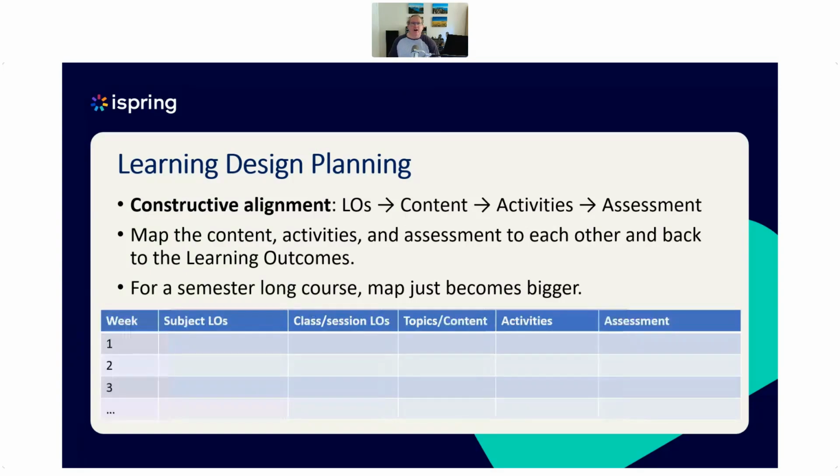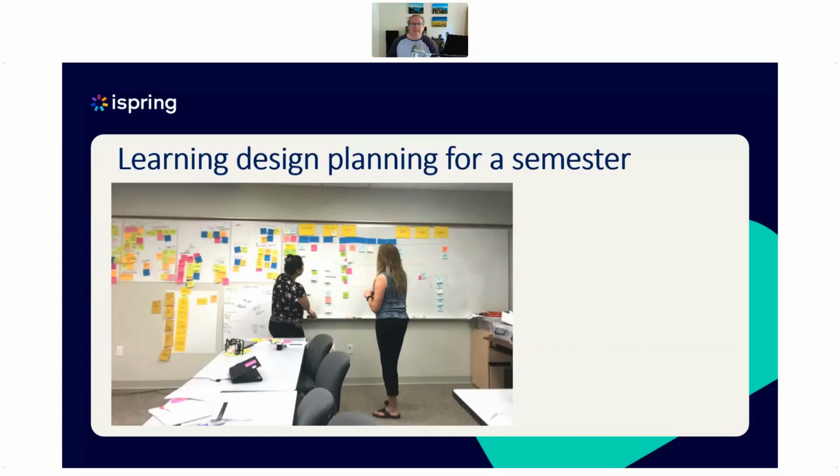If I was teaching for a whole semester, I would just make that even bigger. So week 1, week 2, week 3, here's the subject learning outcomes, and then here's the class or session learning outcomes. When you're doing a whole subject, or even a whole degree, that can be a fair bit of mapping. Here is an example.